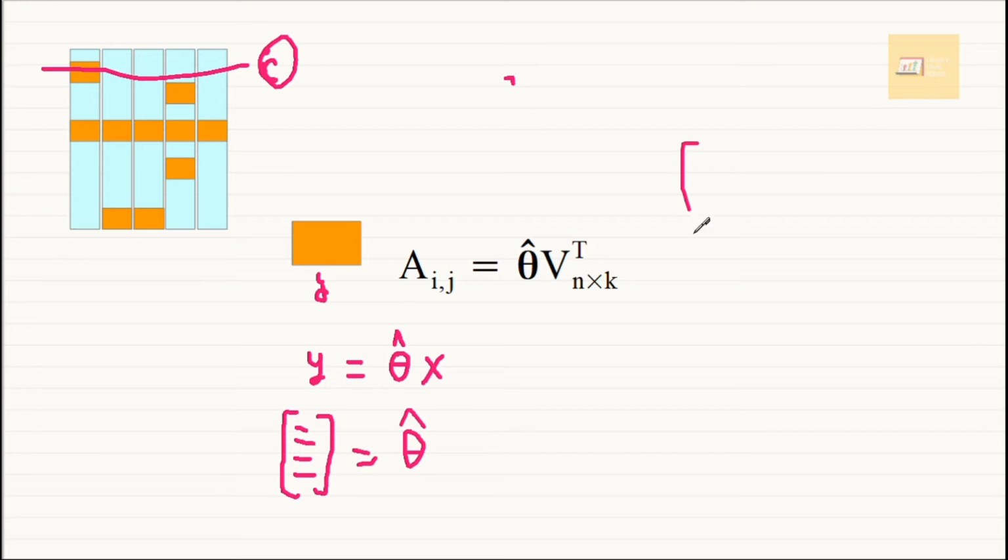Now recall that our reduced matrix Vt has 2 columns and 5 rows, n1, n2, n3, n4, n5. But since we want to impute the first variable, we have to remove the first row of this reduced matrix. So our x would be a matrix of 4 rows and 2 columns.